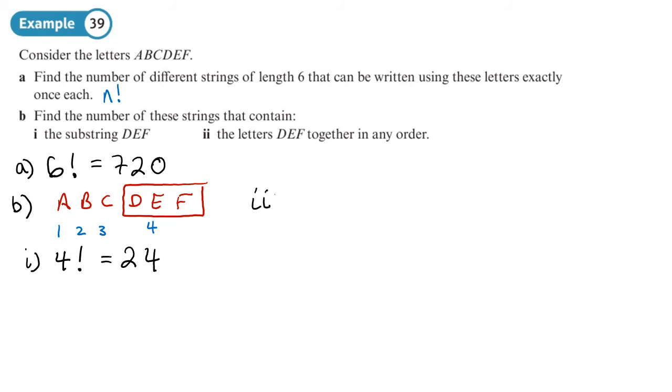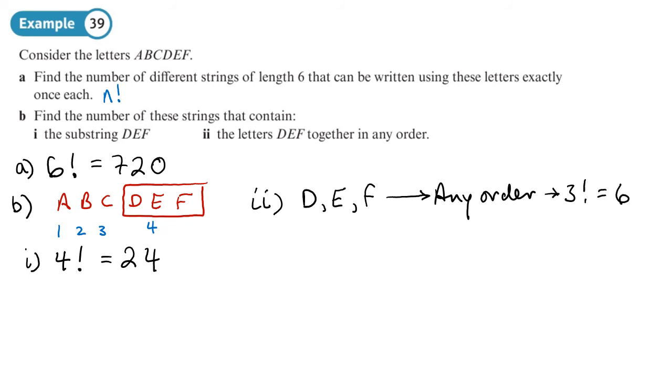And then in the second part of part B, it says the letters D, E, and F together in any order. So in this part of the question, the D, E, and F don't have to be in that order. They can be in a different order. So let's think about that, the D, E, F. The number of different ways they can be written in any order will be 3 factorial, which is 6.